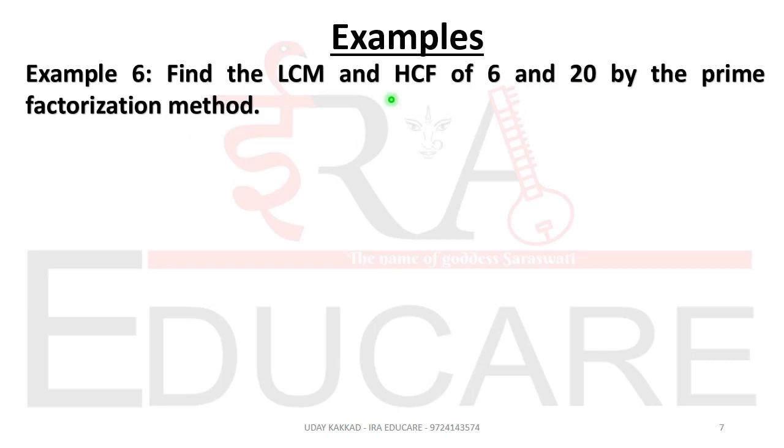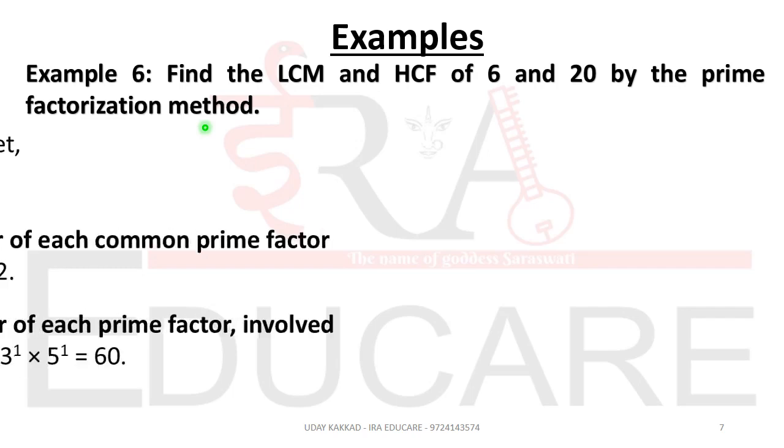So don't use the Euclid division lemma or Euclid division algorithm for this method. If the exam mentions the prime factorization method, you must follow this method, not Euclid division lemma or Euclid division algorithm.